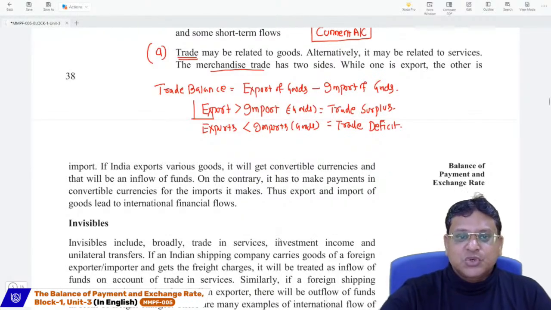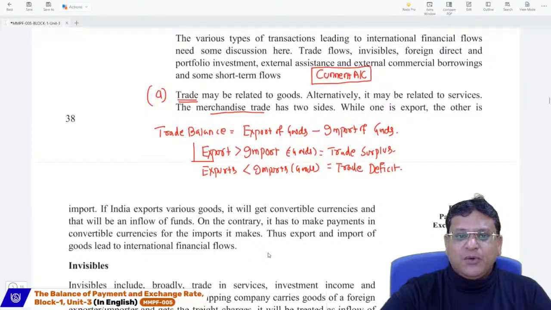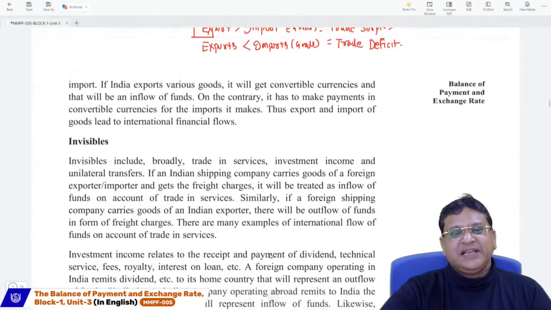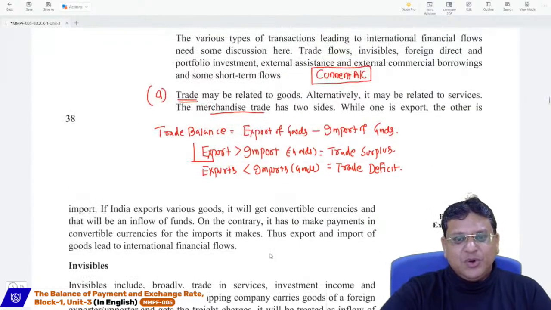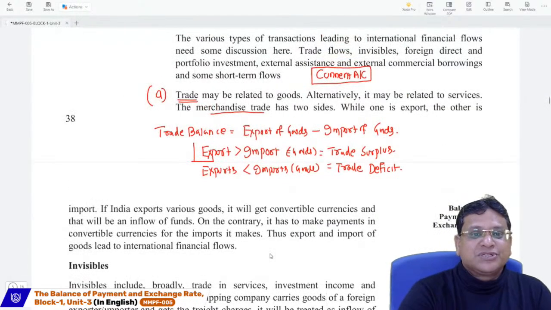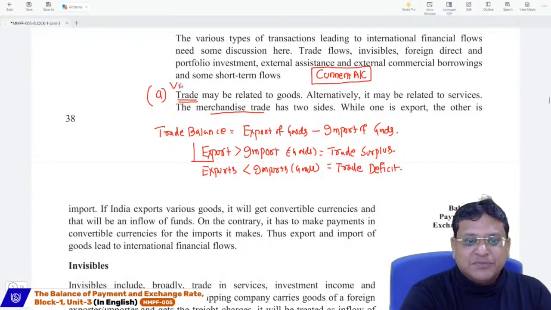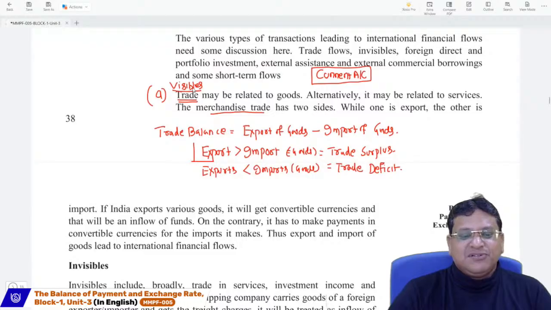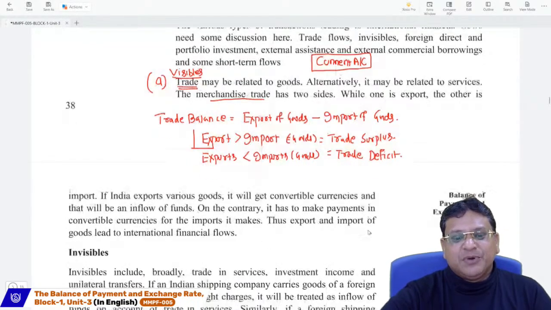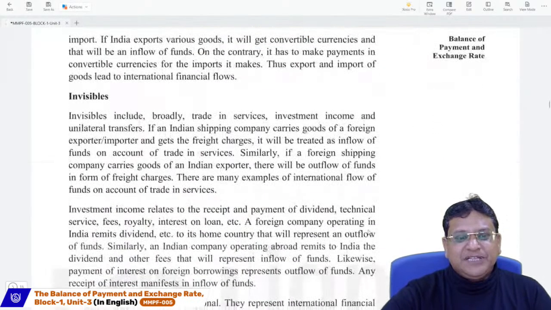Okay. So the first one is current account. The first item is trade, the second item is invisibles. Trade relates to mercantile or visibles. Trade means visible items. Visible means goods. There can be transactions related to invisibles. I have told you that invisibles are classified into three parts.